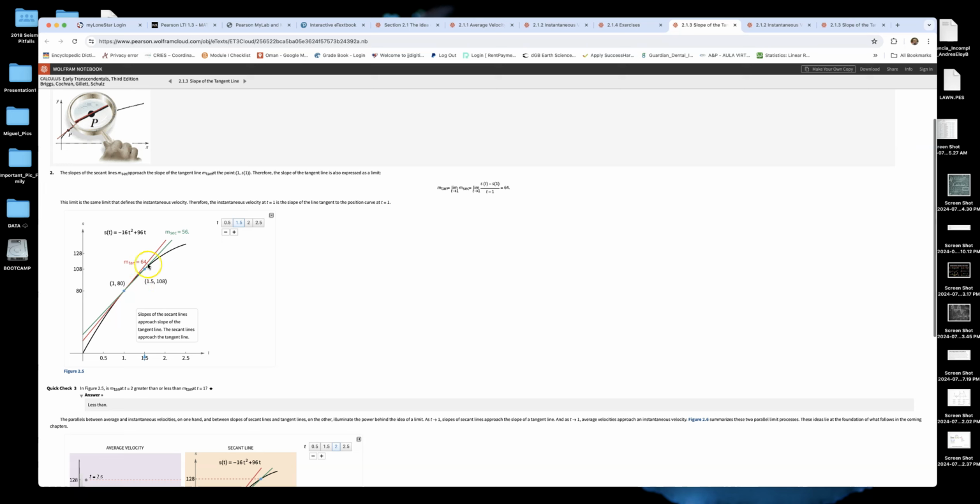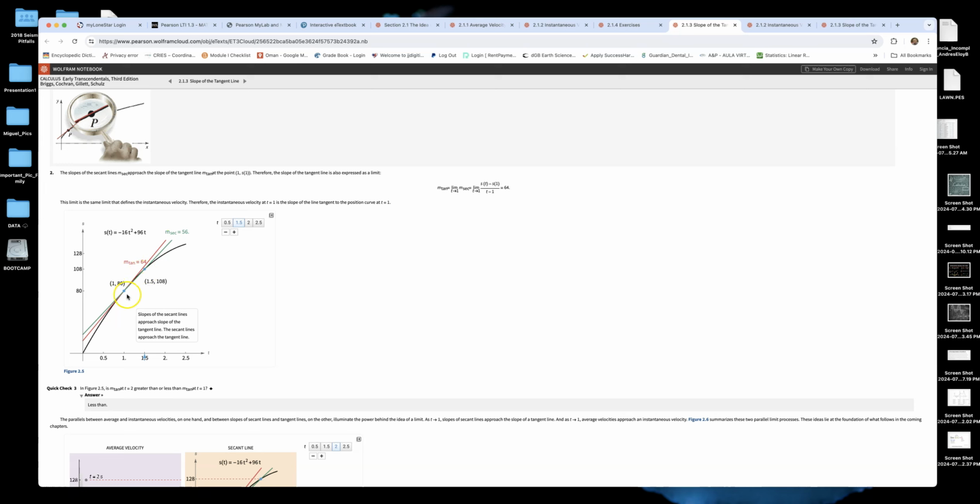You can see that every time it is approaching that point. If I'm going to 1.5, reducing the height but approaching 1 and making the time smaller, you can see that the second line is almost parallel to this red line.